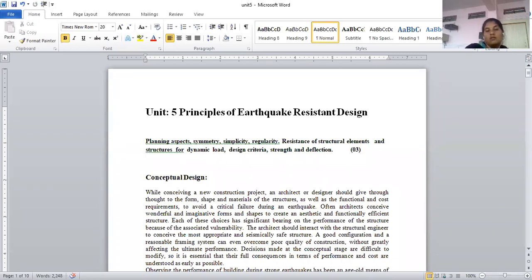Next one, buildings should be regular in plan and elevation.